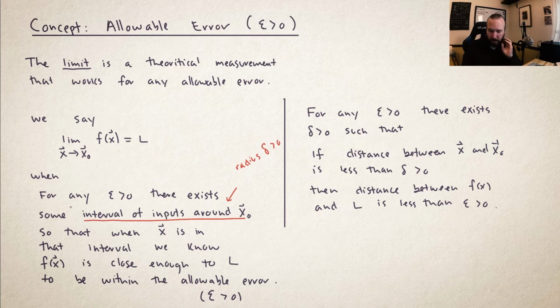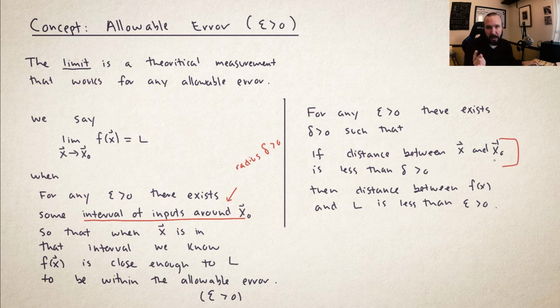So our measurement is supposed to work for any allowable error. That's what I've got right here: for any allowable error, our measurement needs to work. And the power that I have in order to make this measurement work is I can always require that my saw is within some interval. That's what this part right here is trying to communicate.